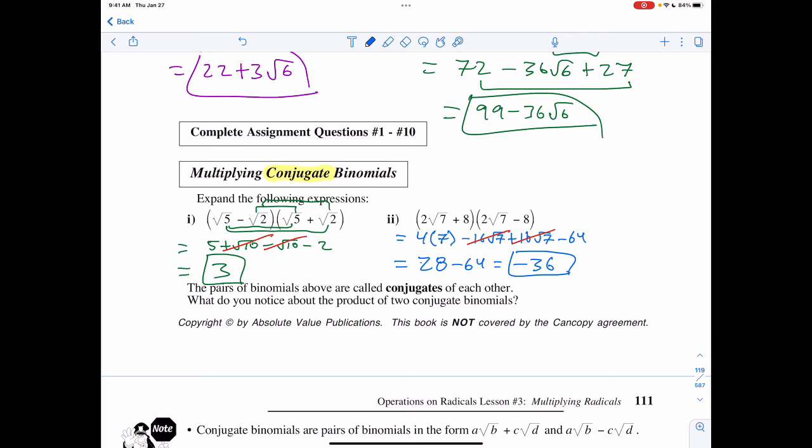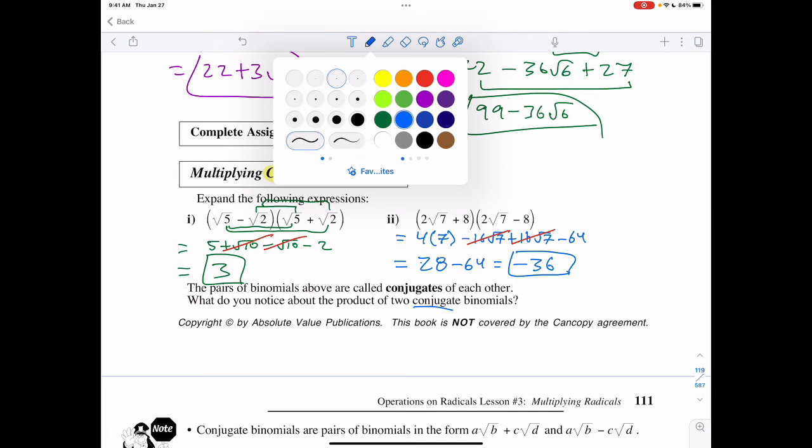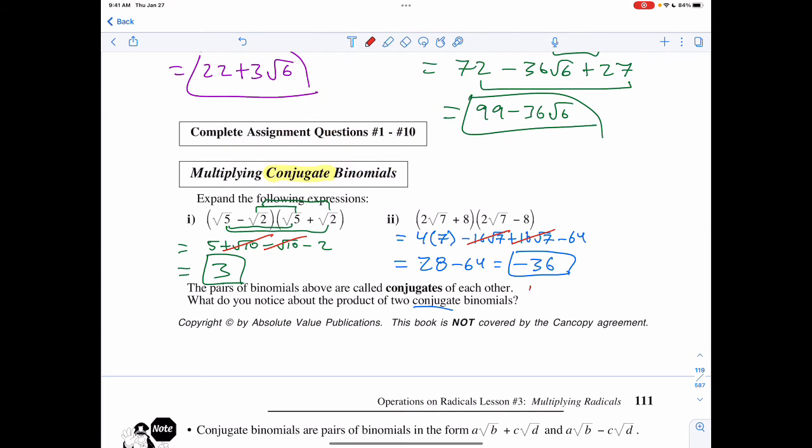So, what happens when you take the product of two conjugate binomials? Every single time, it eliminates the radicals. When I multiply by conjugates, there are no radicals left.